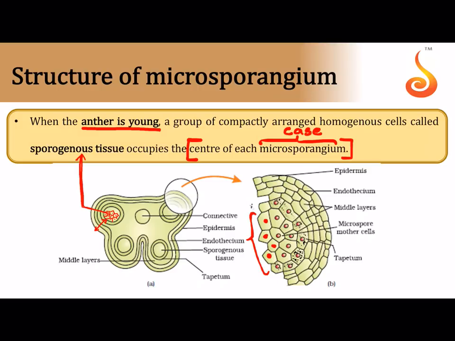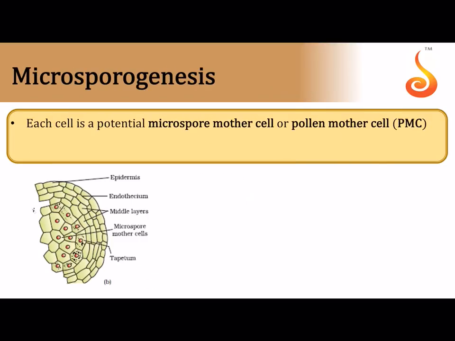The innermost wall is the tapetum, which provides nutrition to the developing pollen grains, and in the center of the microsporangium you have a mass of like cells which look similar, which is homogeneous, and this is referred to as the sporogenous tissue. What is the speciality of this sporogenous tissue? These four are the wall layers, and the central mass of tissue is the sporogenous tissue.